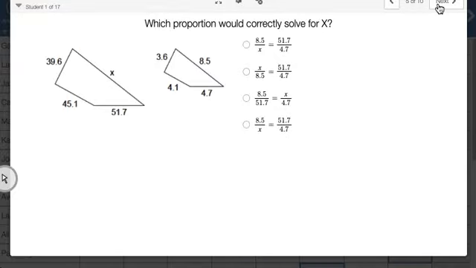All right, so X is being matched up with the 8.5. It looks like here on our multiple choice questions, we're trying to look at then the 51.7 and the 4.7. So those are in corresponding locations. Show me which one we should be checking: 1, 2, 3, or 4.